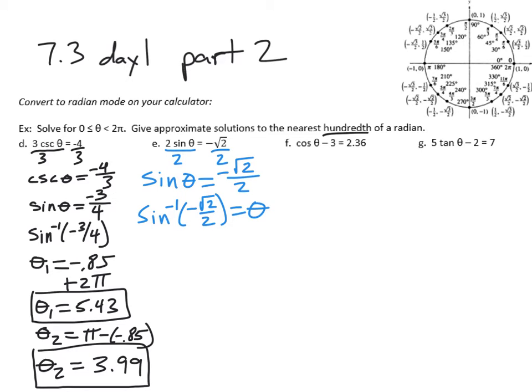If you're going trig value to get an angle, you're doing an inverse trig function. Unit circle, you can just strictly observe. I'm looking for where the y coordinate is negative square root 2 over 2. I see it at 5 pi over 4. I see it at 7 pi over 4, right? So you may want to put on there why that one looks a little different.